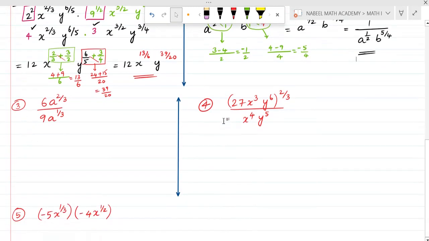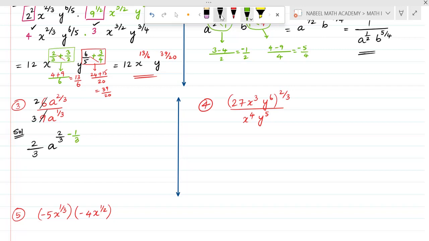Now the next one here, you have 6a to the power 2 over 3 over 9a to the power 1 over 3. So first, simplify the number if a simplification is possible. The common factor is 3: 3 twos are 6, 3 threes are 9. So you will have the number 2 over 3. Since the bases are the same, a, it is 2 over 3 minus 1 over 3, which is equal to 1 over 3.